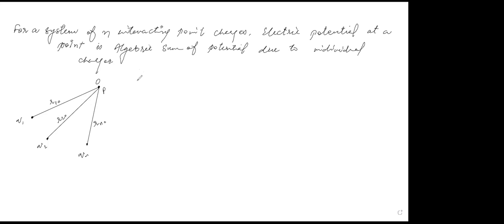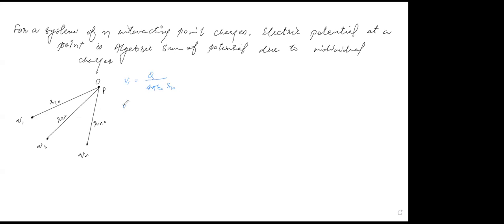Are you understand or not? So we can write here V1 is equal to Q1 over 4 pi epsilon naught r10. And similarly, there is no effect observed due to the presence of all the other charges. Are you clear or not?